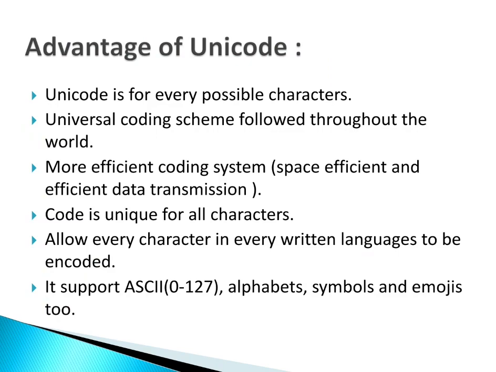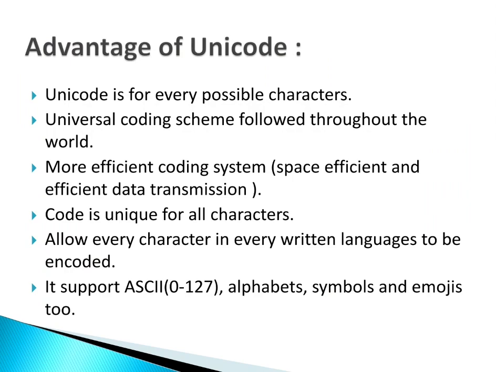Unicode is for every possible character. In every language, whatever characters belong to it, belong to Unicode. Unicode has that much memory for containing all characters together. It is the universal coding scheme followed throughout the world, and a more efficient coding system.